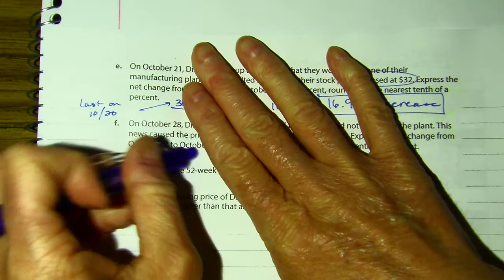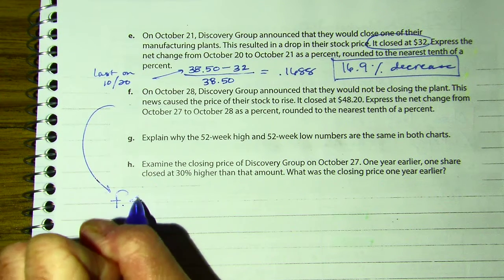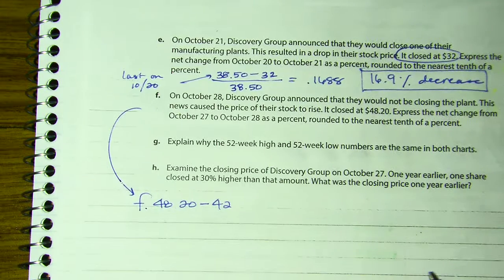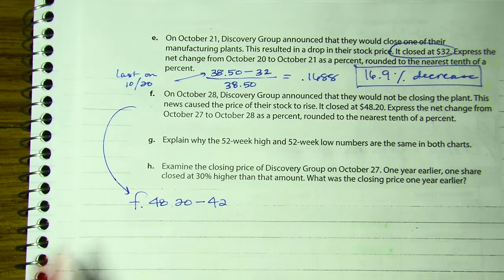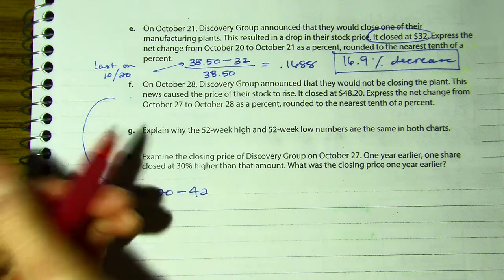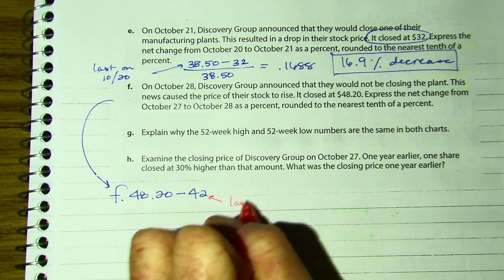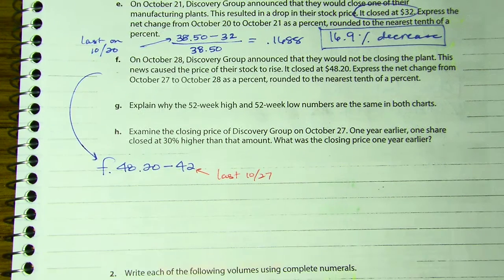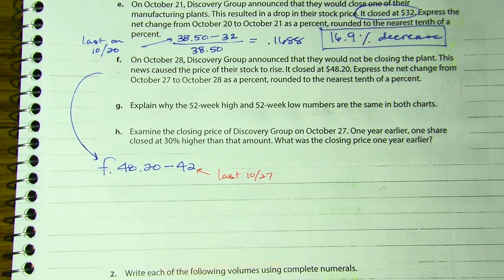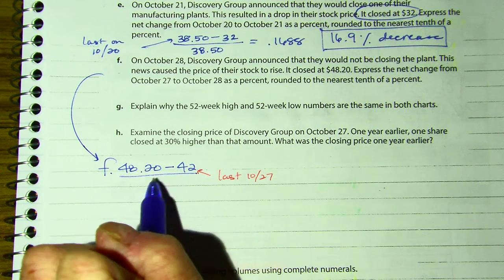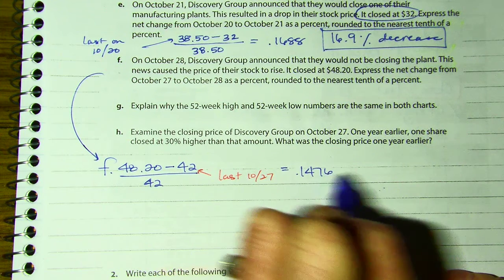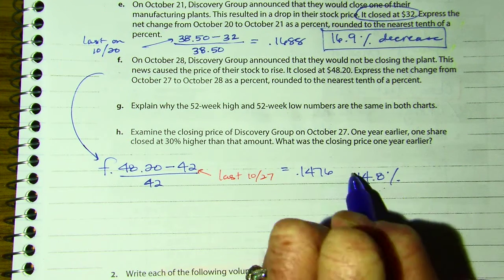So part F, 48.20 minus 42, and 42 is the last price for October 27th. And so I'm going to divide that by the original, and I get 0.1476, so 14.8%.